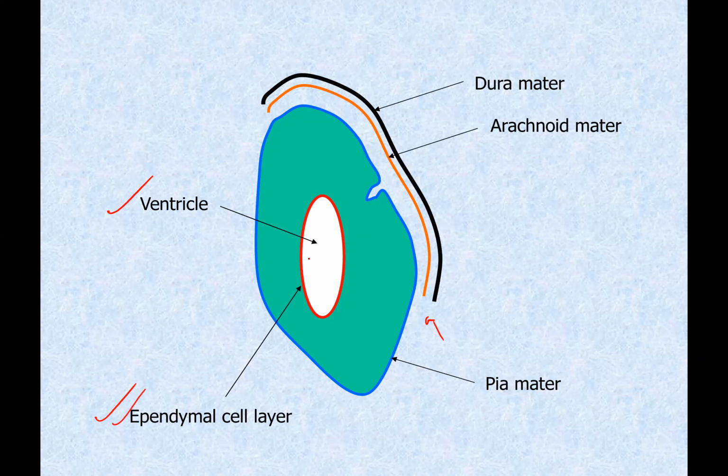The ventricles are filled with fluid, which is called cerebrospinal fluid. And that same fluid fills the gap between the arachnoid mater and pia mater. So this space is connected to this space in certain places, not through the brain substance, but there are certain places where the two spaces are connected.